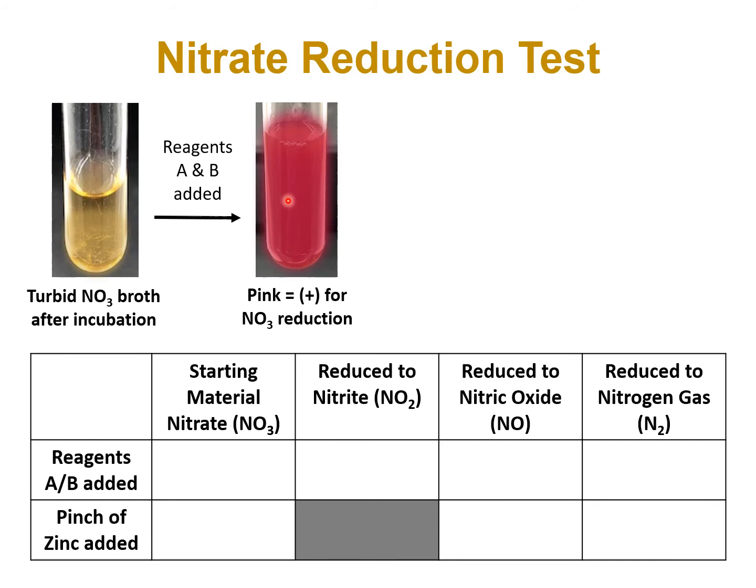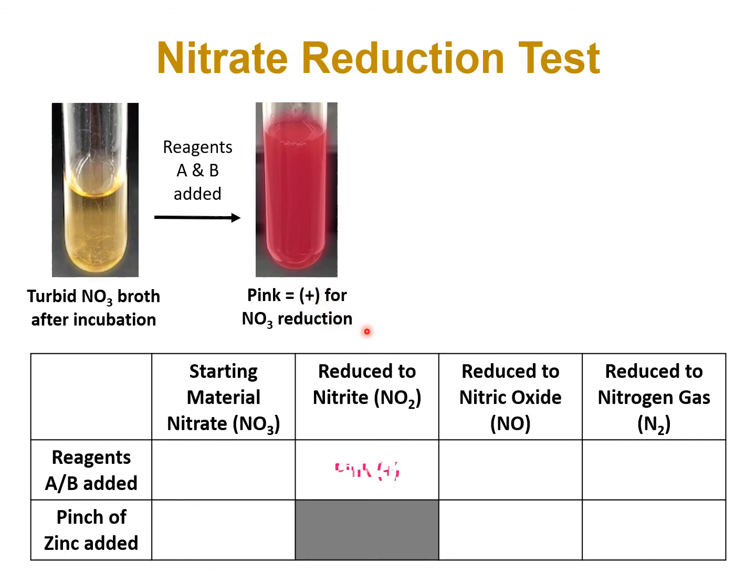If it turns red, as I said, it's super important to note when you saw that red color, because red in this test, you guys, could mean several things, okay? So that's why I'm saying make sure that you know when you saw the red color. If you saw the red color right after adding those 2 reagents, well, that means that this is a positive result.